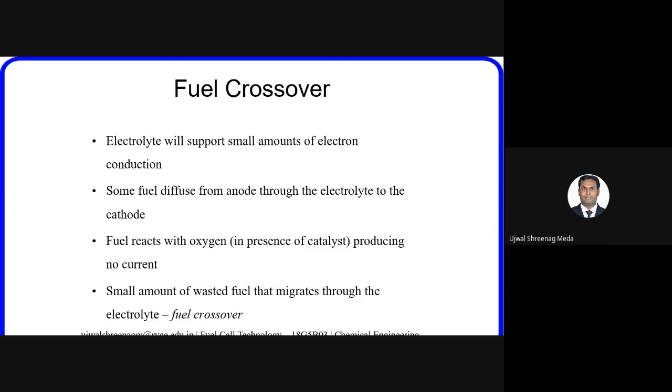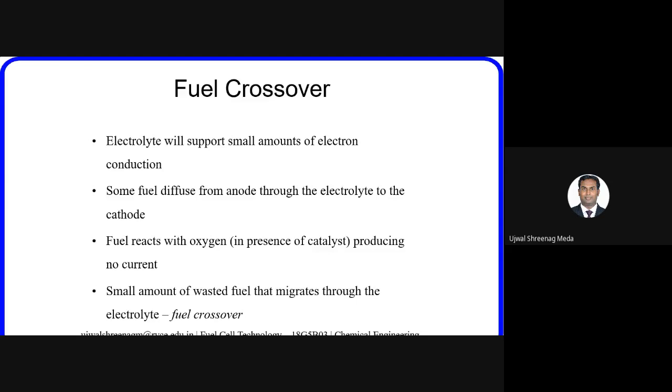So that is how fuel crossover and internal current are equivalent. First we should be able to differentiate between the two, and later we should be able to establish the relation between the two, why those two are considered as equivalent.